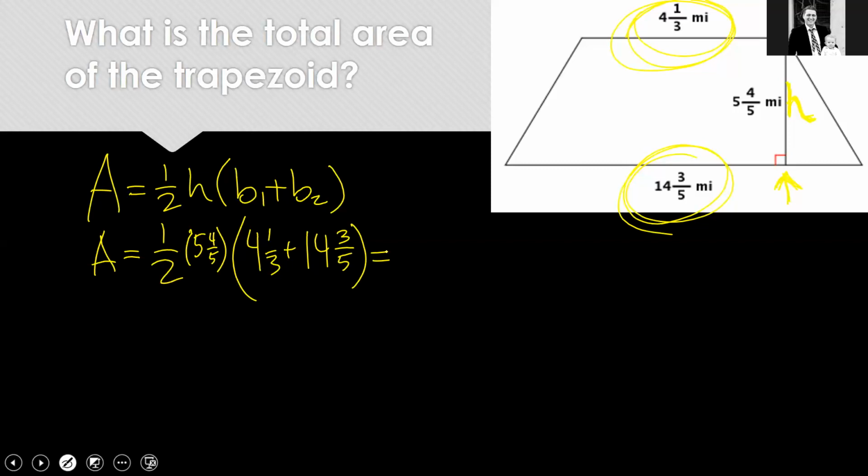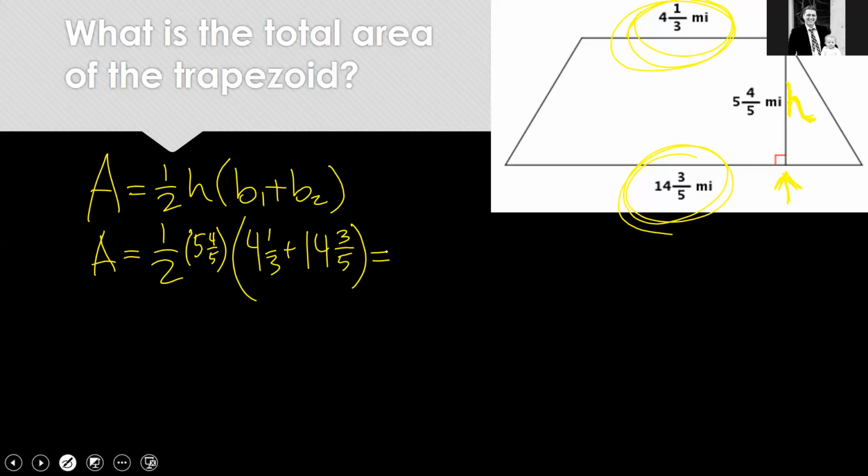Now, one of you might have a question: does it matter which one's base 1 and which one's base 2? No, it doesn't. Think about it, it's addition. 2 plus 3 is equal to 3 plus 2. So that won't make any difference if you mix up the order.